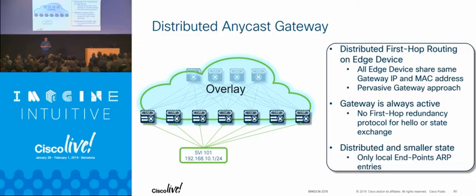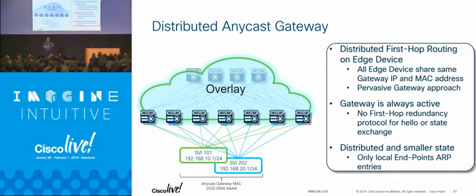Now I do another one, I put here blue as well. So you see now SVI 101, SVI 202, respectively for VLAN 101, VLAN 202, and then respectively to L2 VNI 3001, 3002, which I used through the presentation. And both of them have on all of these switches the same IP address, and at the same time, across all of them, the same MAC address.